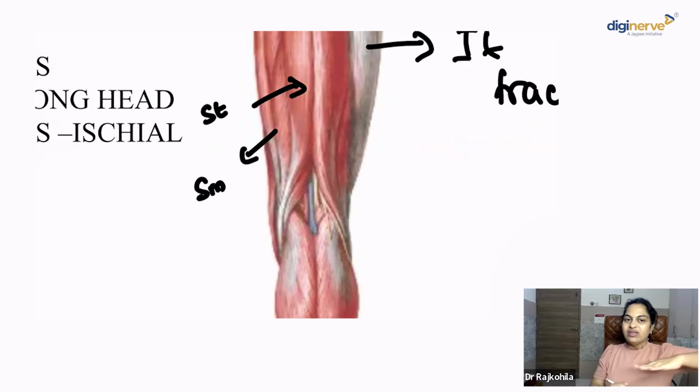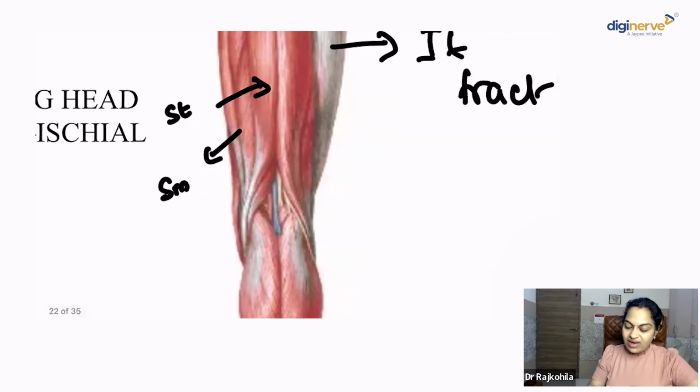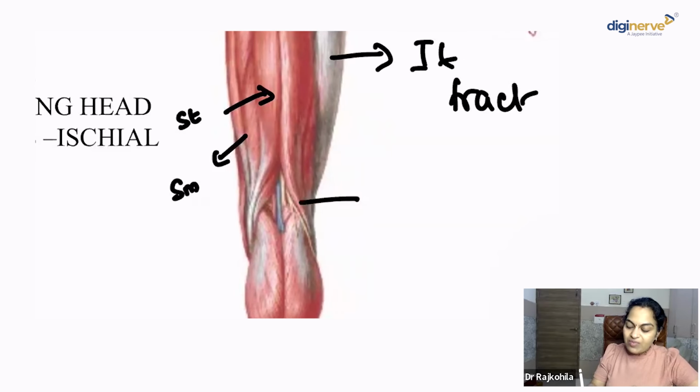You can imagine the semimembranosus as a bed, and over the top of it, the person lying is the semitendinosus on the medial aspect. Over the lateral aspect, this is the biceps femoris. You know what? The biceps femoris is the only muscle inserting into the head of the fibula. All the other muscles of the leg originate from the fibula.